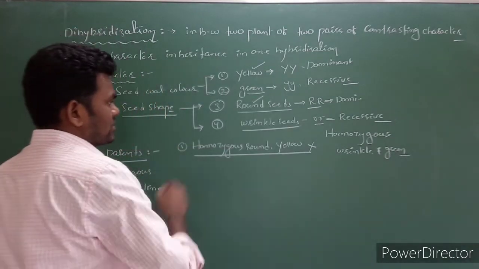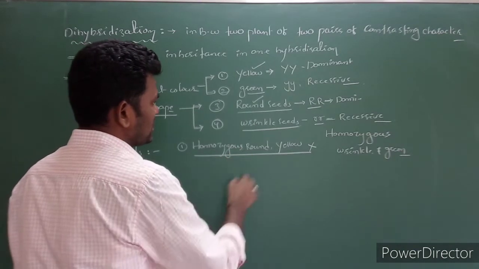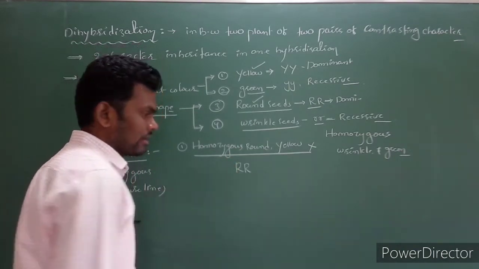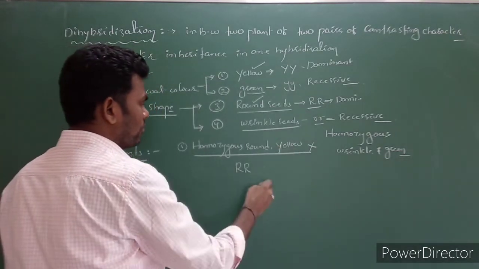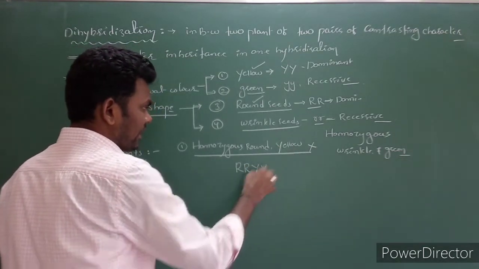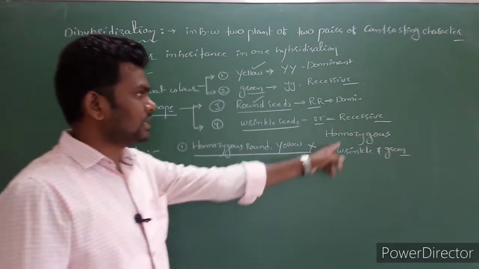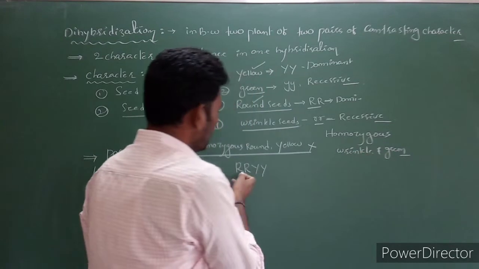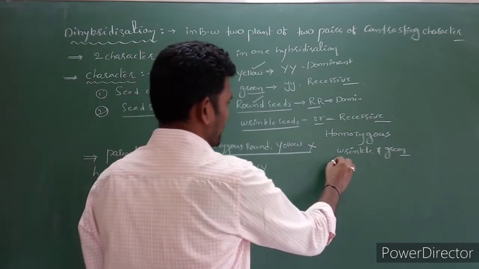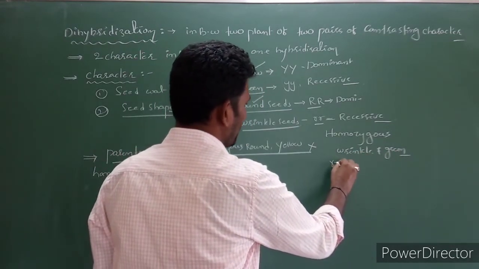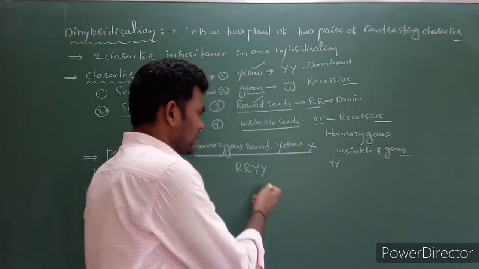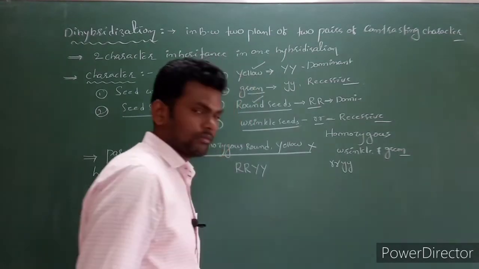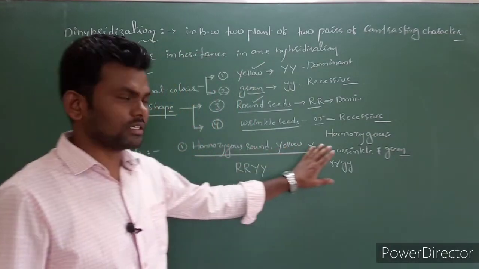Here, represent the alleles: homozygous round is capital R, capital R; yellow is capital Y and capital Y. And the homozygous opposite, the recessive character, is small r, small r, and small y, small y. The capital is dominant and the small is recessive.